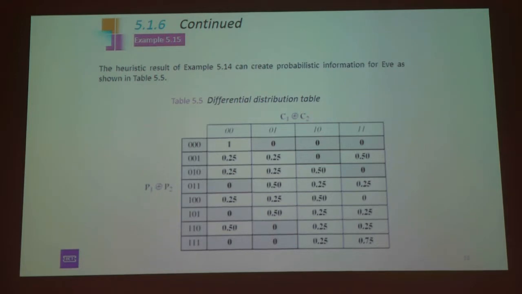So before you try to use brute force, you have to do some analysis. Some keys are not options, so don't try them. Reduce the domain. That's basically what the differential distribution table is.